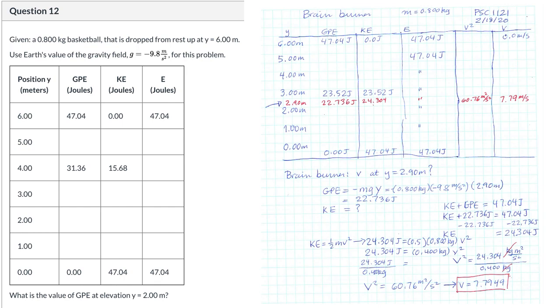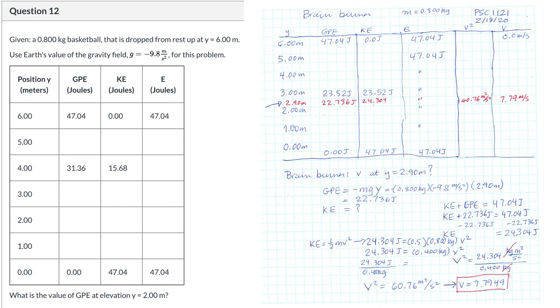Kilogram meters squared per second squared is the same as a joule, by definition. Now, down here, I still have 0.400 kilograms. But notice we got some cancellation time. Kilograms get canceled top and bottom. You still have meters squared per second squared. But that's all right, because you're looking for the square of a speed.